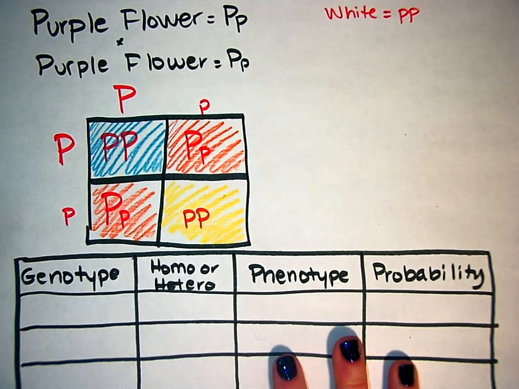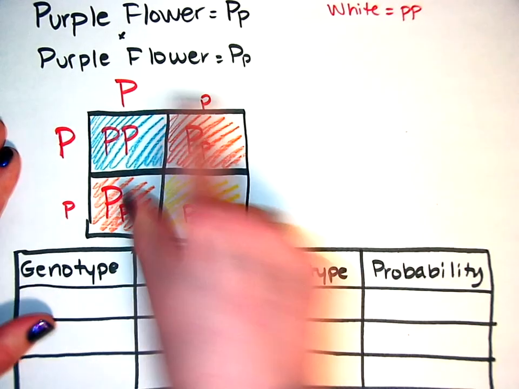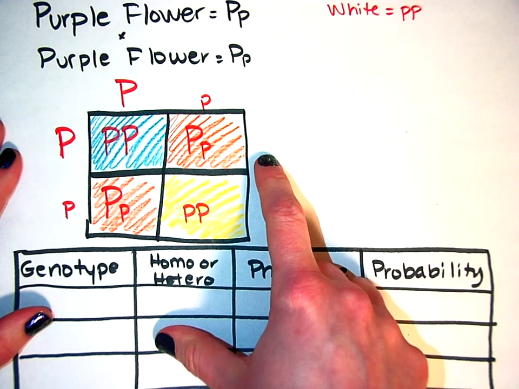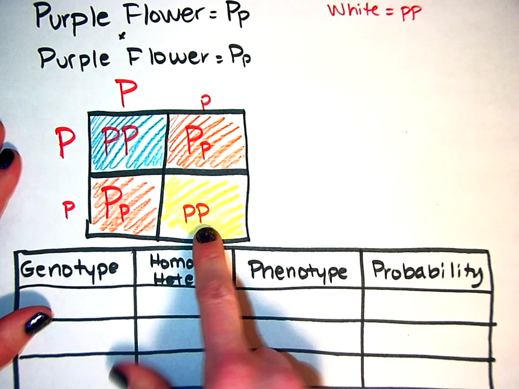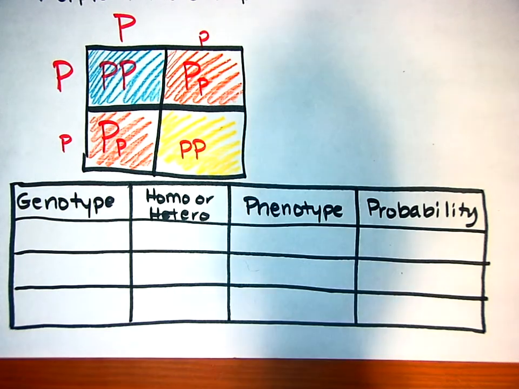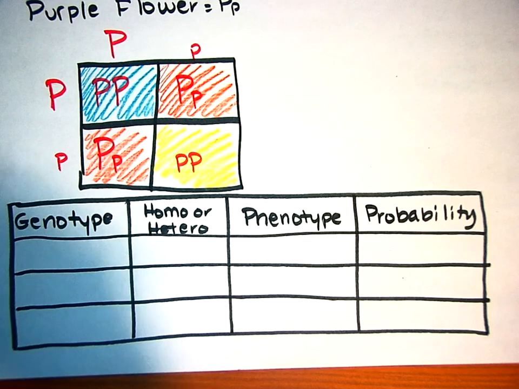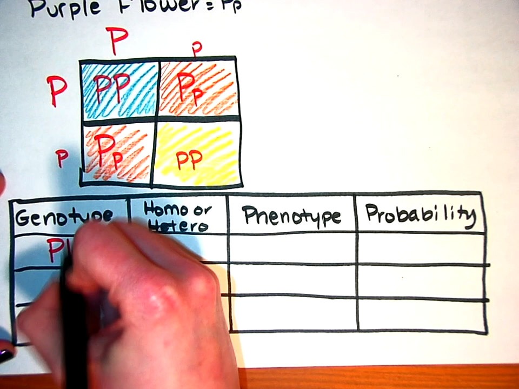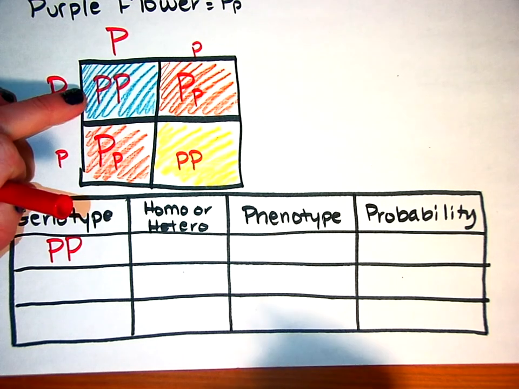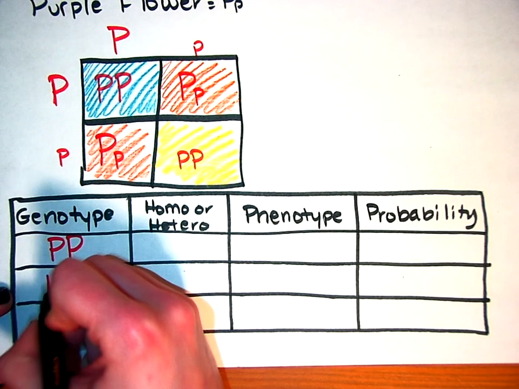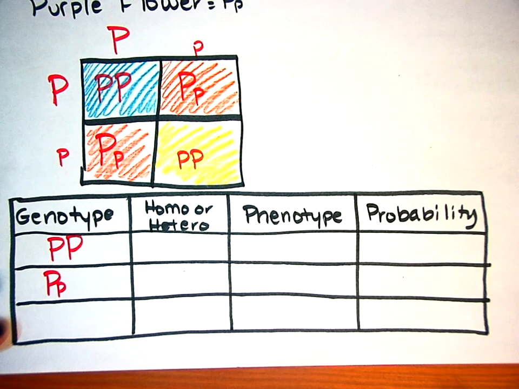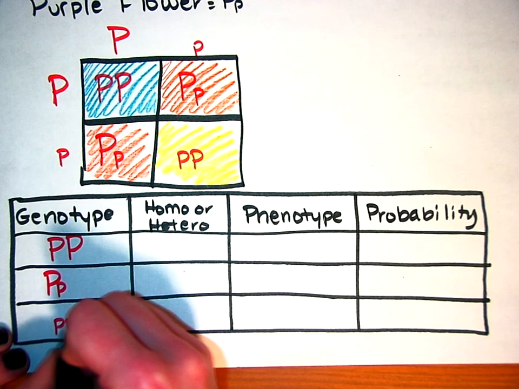Now I can see, of the 4 boxes in my Punnett square, this is how many of each one has that trait. I'm going to go down to my table. I have basically 3 possible genotypes. So my 3 genotypes are big P, big P, that's the blue one, big P, little p, my orange one, and little p, little p.